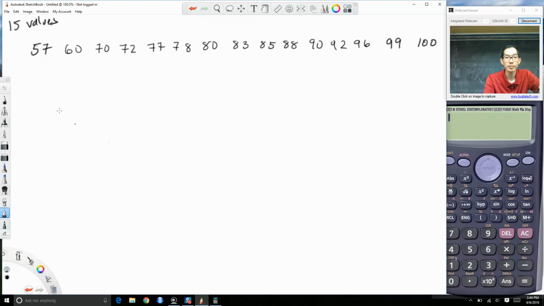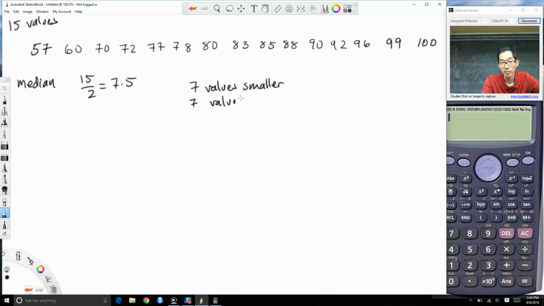To find the median, 15 divided by 2 is 7.5. So I'm going to have 7 values that are smaller, 7 values larger than the median, and 1 value equal to the median, because I'm getting 7.5 here.